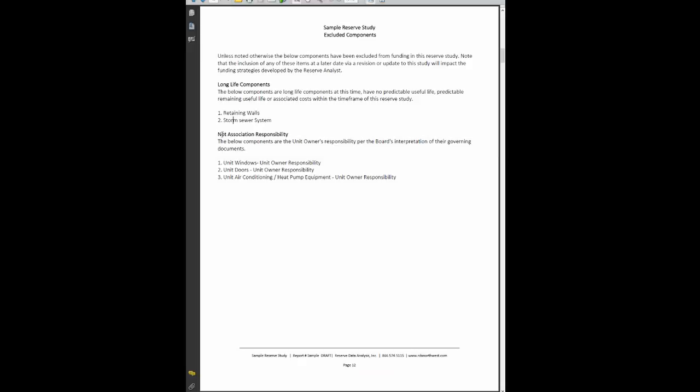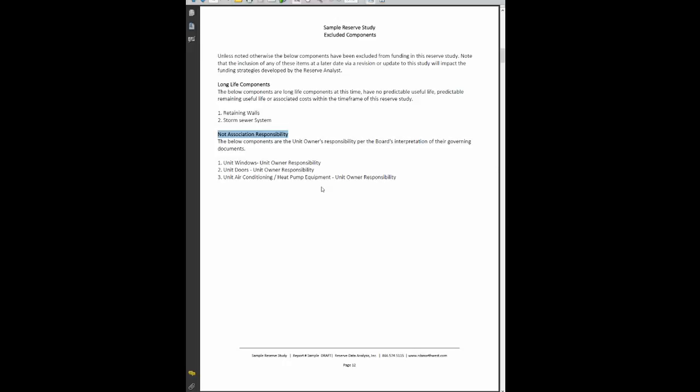Below that, in this particular community, we have not association responsibility components. In this case, unit windows, unit doors, air conditioning units, heat pump equipment. It could be any variety, a number of components for your particular community.